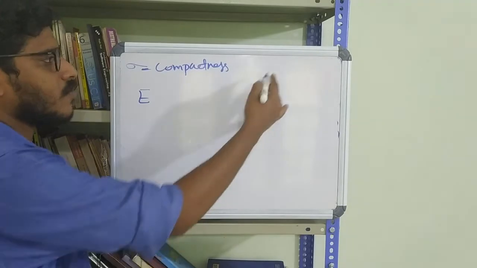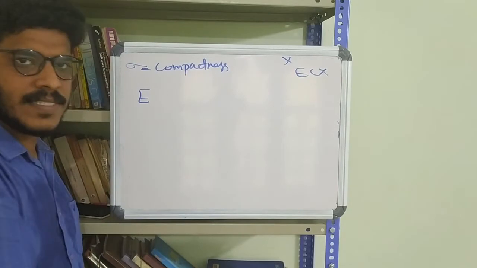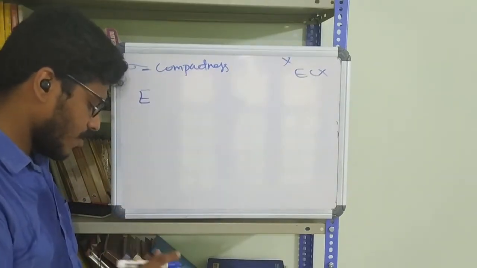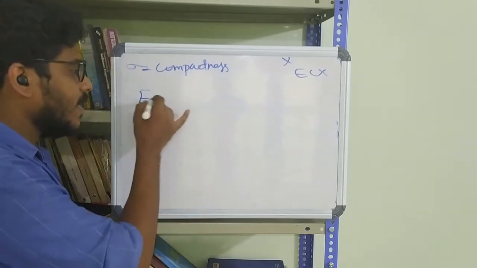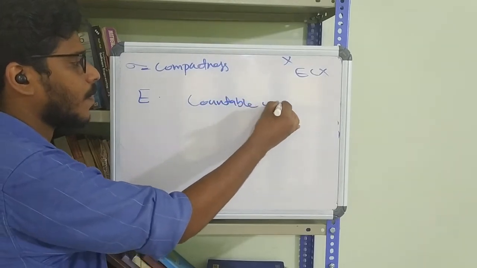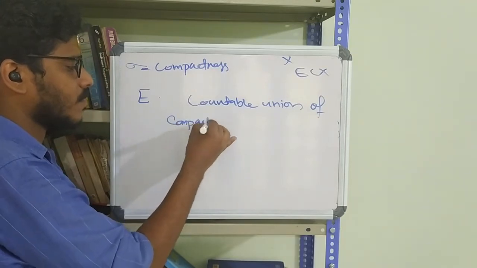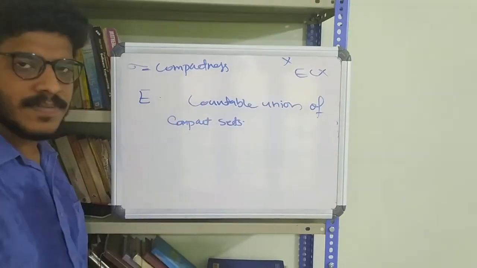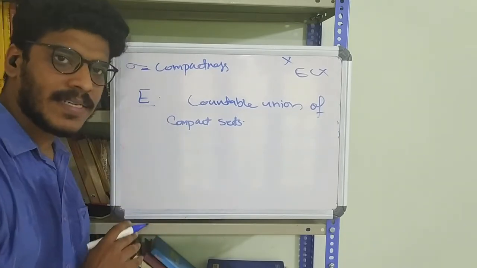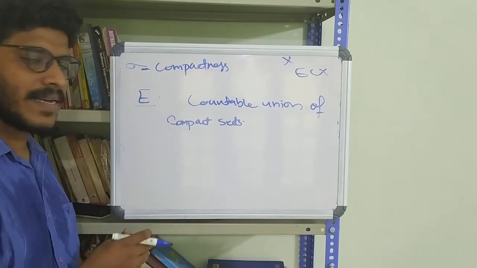If you want, you can choose X to be a topological space, and E to be a subset of X. A set E in a topological space is said to be sigma compact if E can be expressed as a countable union of compact sets.